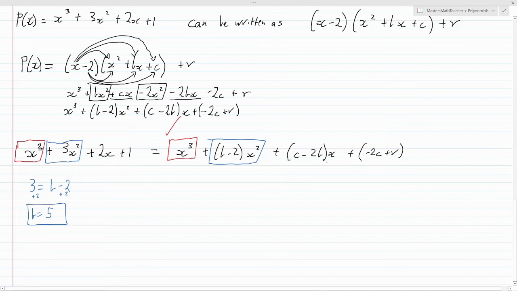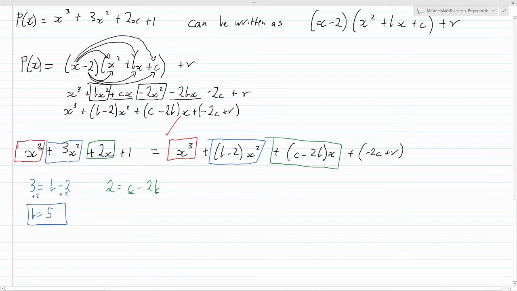So we always work it out, slowly but steadily. Our next one, we're going to look at our x. So we've got 2x, and we've got c minus 2b x. So again, 2 equals c minus 2b. Hold on. There are 2 variables here. Pause the video and see if you can figure out what we should do.